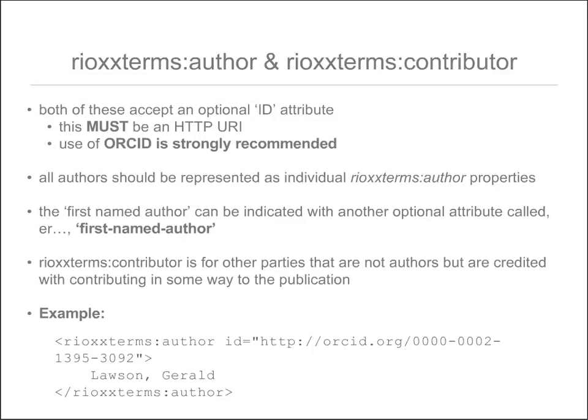Again, the requirement is that if a global identifier is provided, then it is an HTTP URI. It doesn't have to be ORCID, but if it is ORCID, then it will be readily identifiable as such from the domain name used in the HTTP URI. So this gives us that ability again to encourage good practice without being too constraining. And there's an example of use of RIOXX terms author there.